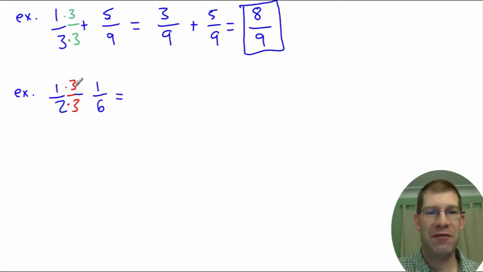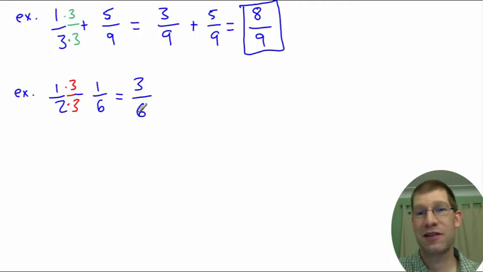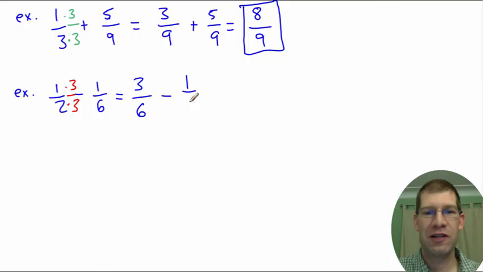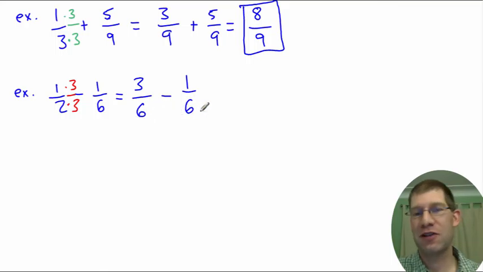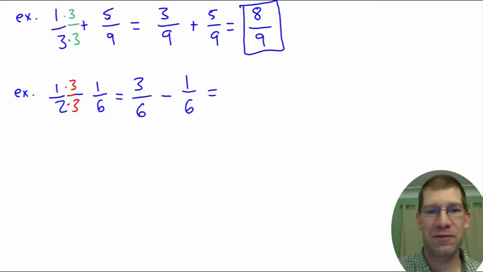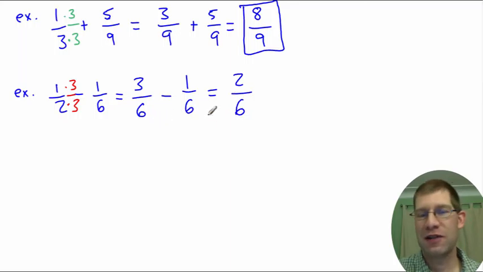So my 1/2 becomes 1 times 3 is a 3, 2 times 3 is a 6, and 3/6 is the same as 1/2. And now I subtract 1/6. I don't need to change that fraction because it already has a denominator of 6. Where before I did 3 plus 5, now I do 3 minus 1, and I end up with 2 over 6, and keep the 6's the same.